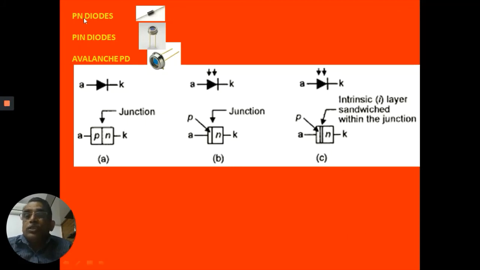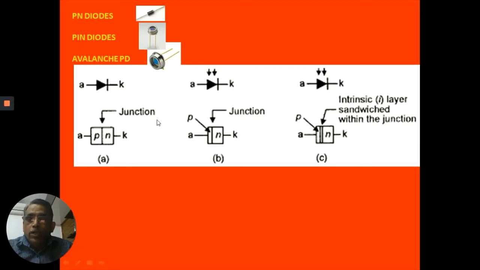You see the general PN junction, the PN diode is basically a diode, and if you put an intrinsic semiconductor in between the PN junction, it's called a pin diode. An avalanche photodiode is also a pin diode, but more sensitive, and it is also applied in high frequency areas.